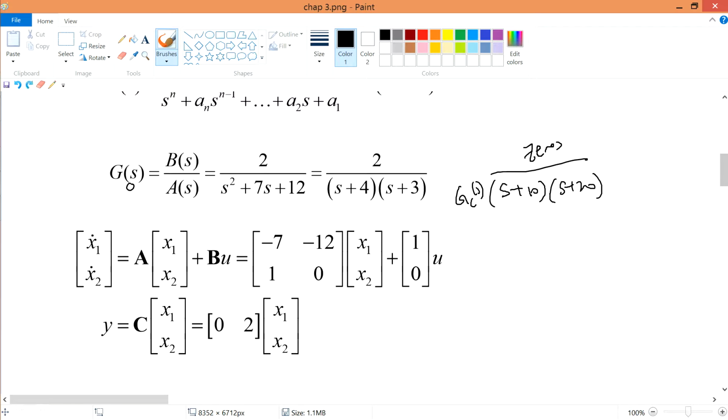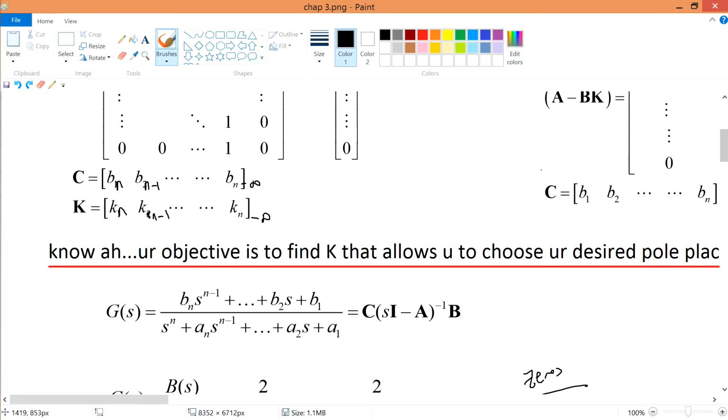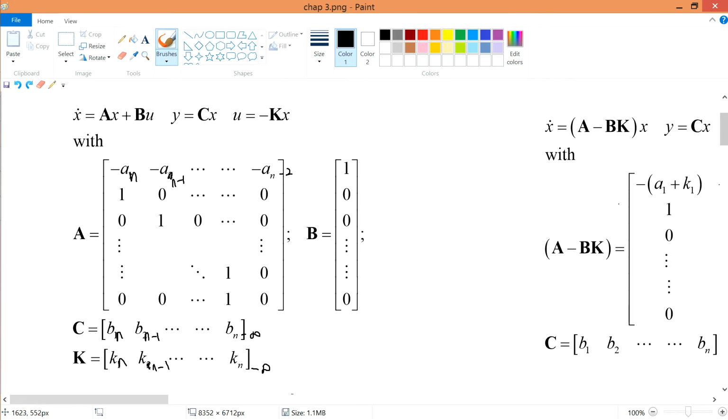Whatever poles you want depends on you, because it can be s plus 200. You can also substitute in whichever you want. In order to create a link between your open loop poles and your closed loop poles, you require a magic value of K. Not a value, but rather a matrix.